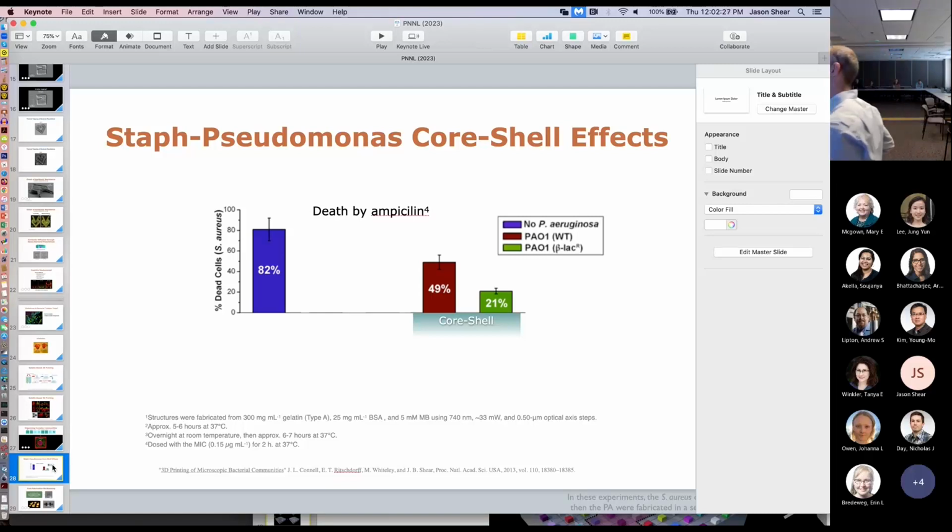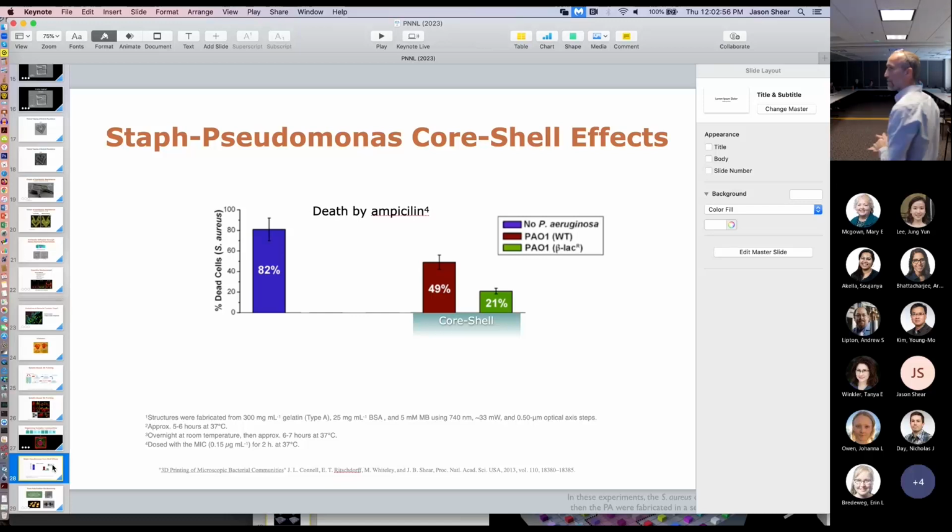Our suspicion was that that was being caused by a beta-lactamase that Pseudomonas produces and displays on its membrane. So basically, the antibiotic wasn't making it through this shell. It's being degraded on its way into the staph. And we used a Pseudomonas cell line that overexpressed the beta-lactamase and saw a further recovery of survivability for the staph.